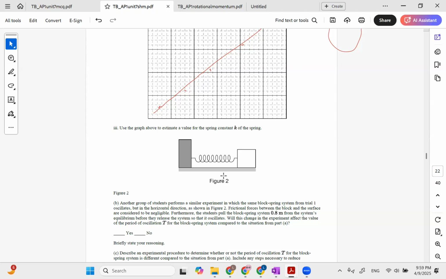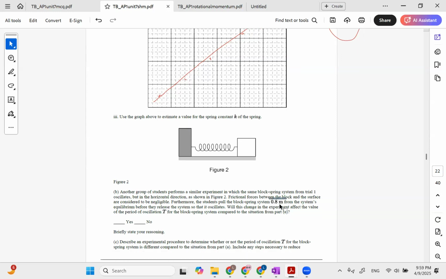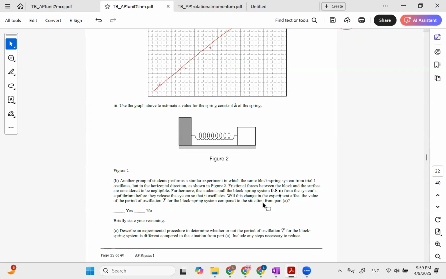You also need to give it detail, right? When it's stretched 0.8 meter, because this is 0.8 meter from the equilibrium position. So use the stopwatch to measure the amount of time it takes to oscillate 5 times, 5 oscillations, right?